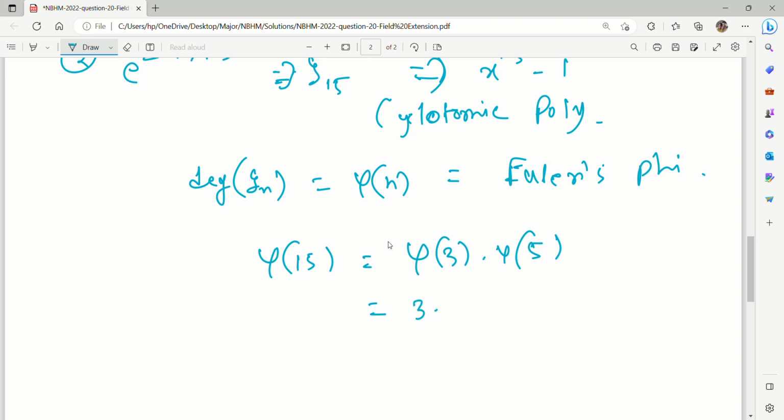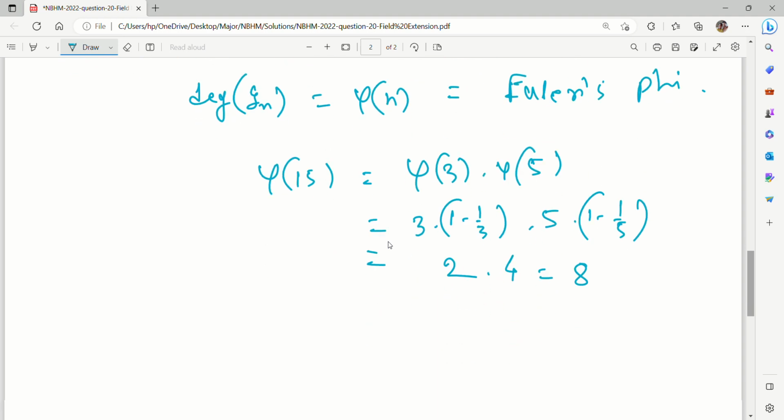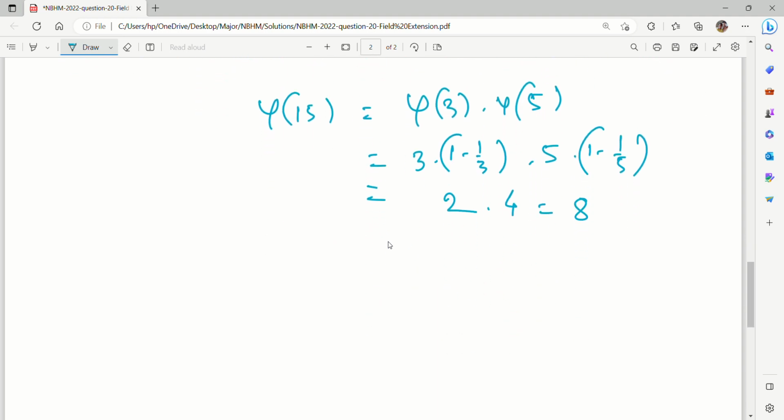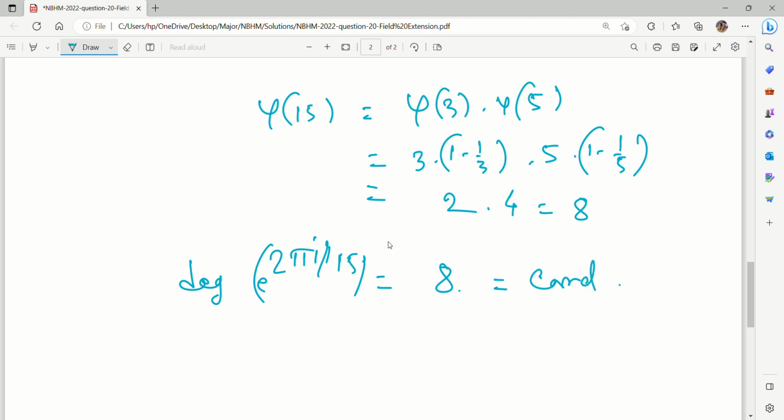That is basically 3 into (1 minus 1 upon 3) and 5 into (1 minus 1 by 5). So it gives 2 times 4, which is equal to 8. So the degree of field extension for e to the power 2 pi I by 15 is equal to 8. That's nothing but the cardinality of the closure, as mentioned in the question paper.